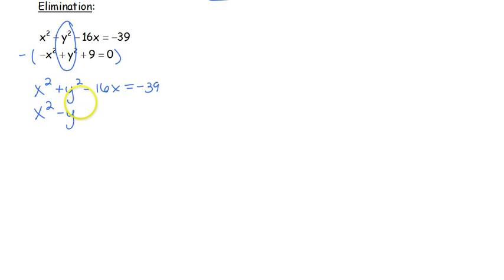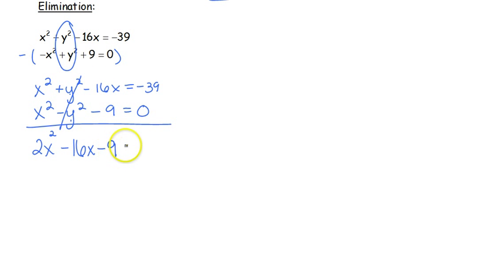That becomes a negative y squared, a negative 9, and it's still 0. So now x squared and x squared gives us 2x squared. A positive y squared and negative y squared, that's canceling. We only have the one x term, so that's just a negative 16x minus 9 is equal to negative 39.